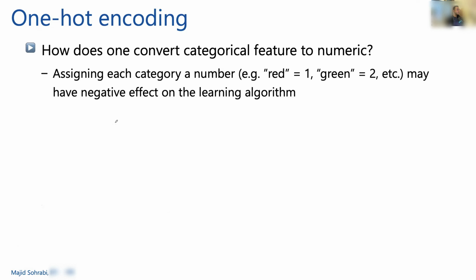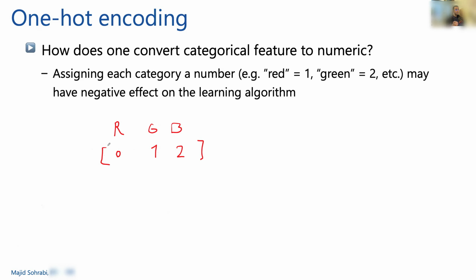Let's say I have several colors: red, green, and blue. Someone might say, okay, let's define red as 0, green as 1, and blue as 2. This is one way you can define it because you converted categories into numeric.